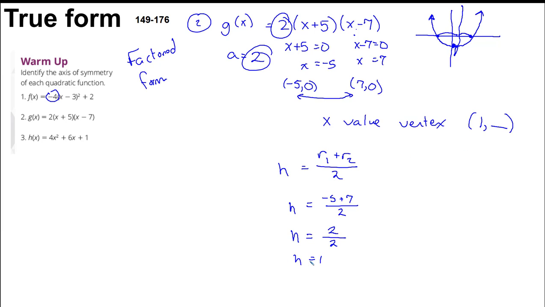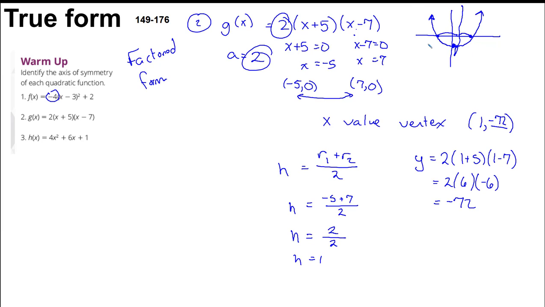To find your y, you plug it in. So the y, you're just going to plug it in. 2 times 1 plus 5, 1 minus 7. So 2 times 6, and then negative 6. So 2 times negative 36, which is negative 72.